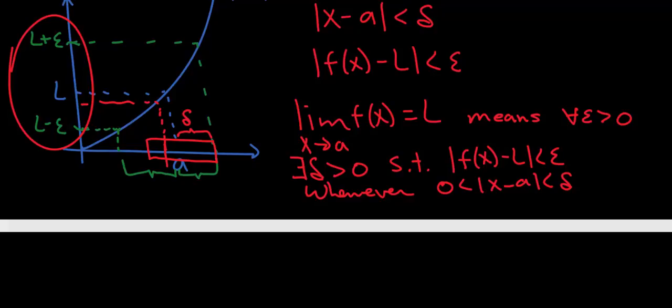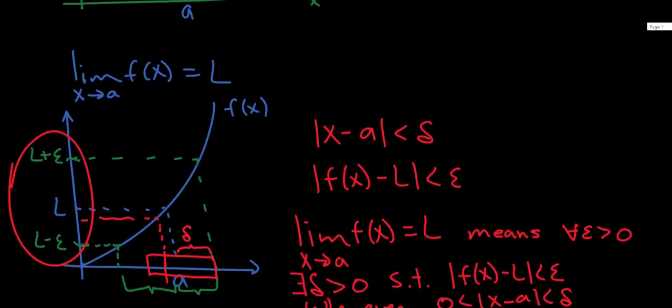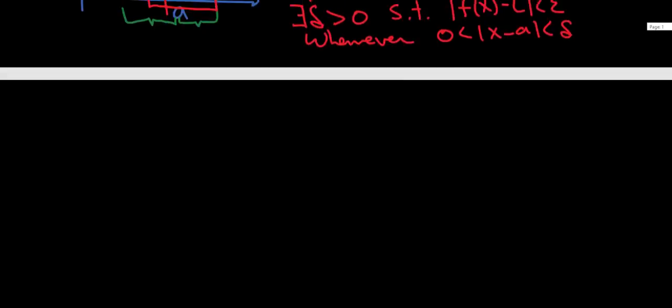Okay, now I want to discuss the multivariable case, where we have more than one independent variable. So here we go. What we want to do is figure out what this means.